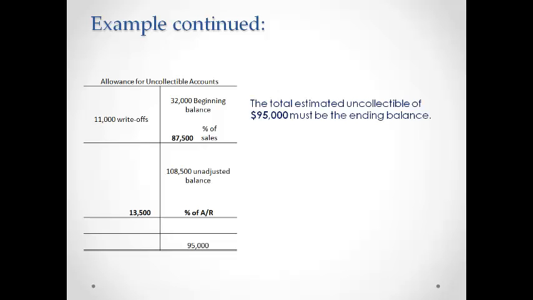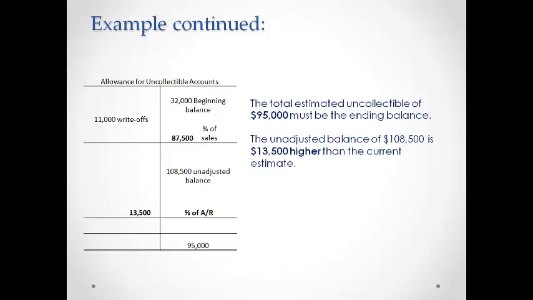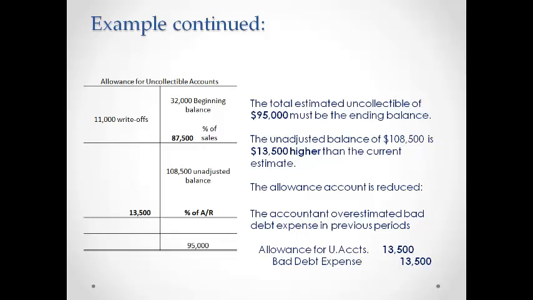The total estimated uncollectible of $95,000 must be the ending balance of the allowance account. The current unadjusted balance of $108,500 is $13,500 higher than the current estimate. Bad debt expense in the allowance account is reduced because the accountant overestimated bad debt expense before the end of the year.